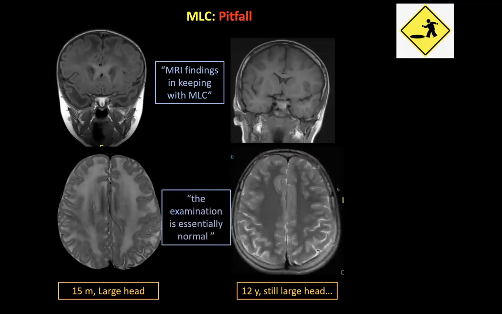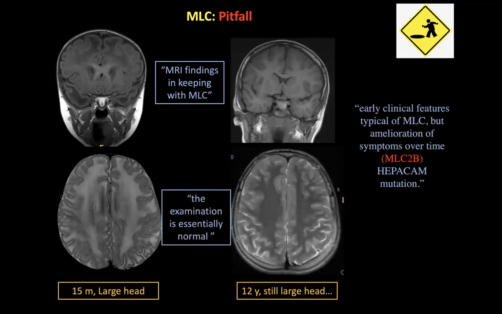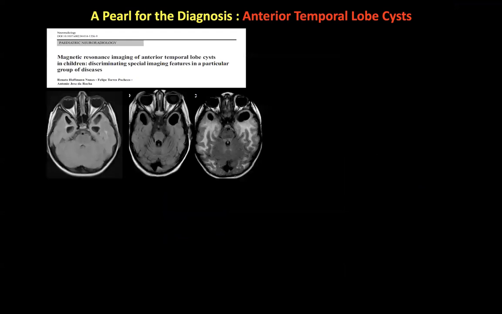And one of these is MLC2B, due to HEPACAM mutation, an early clinical presentation of MLC that improves over time, both clinically and radiologically. So remember that if you see something like that, then improves, you are not confabulating or hallucinating, but it's actually a form of MLC that goes better over time.